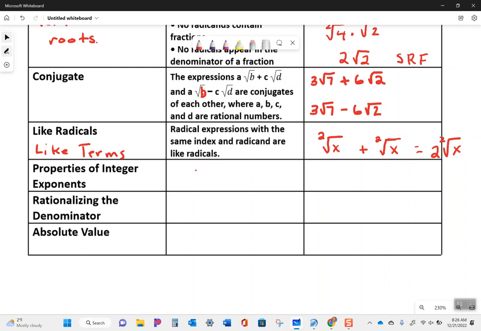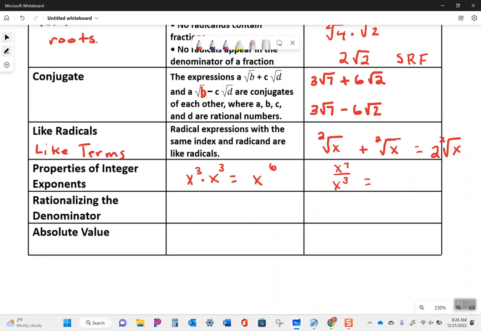But if I had integer exponents like this, guys, if I had like x to the third times x to the third, what would that equal? Or what do you do with exponents there? X to the 6th. Okay, that makes sense to you? Okay. And then if you have something like x to the 7th divided by x to the 3rd, what would this equal, friends?